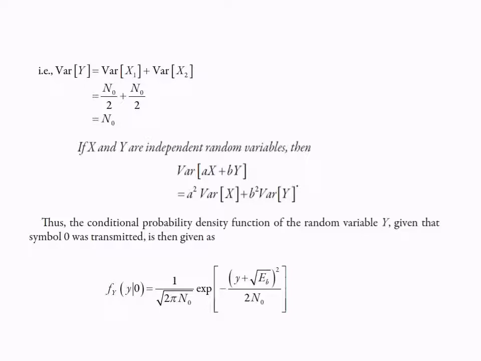As we have calculated, the mean is minus root of EB and our variance is N0. Remember, we are taking the value of the mean given that symbol 0 was transmitted, so that mean is equal to minus root of EB.